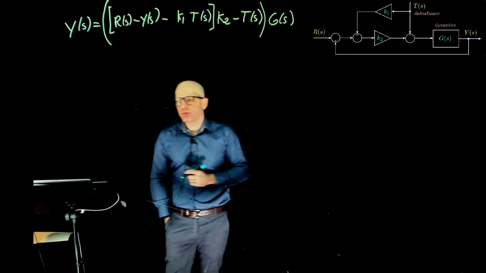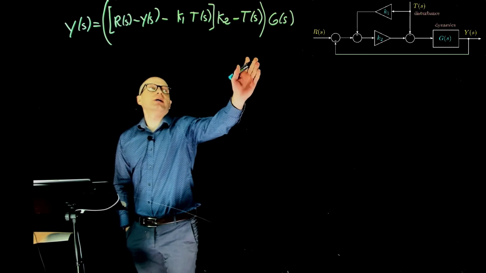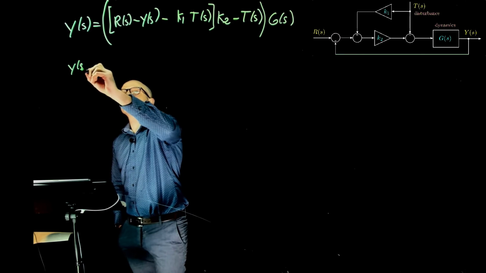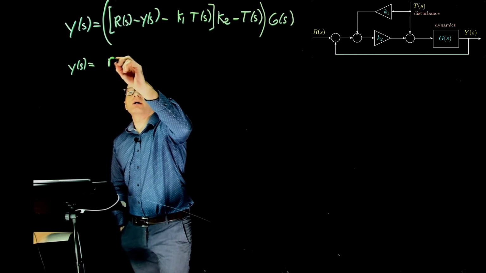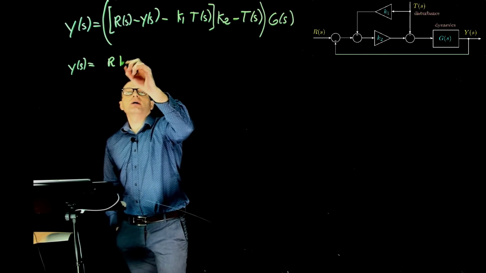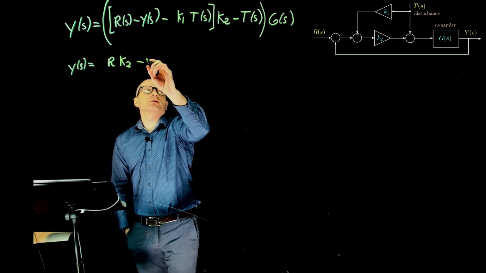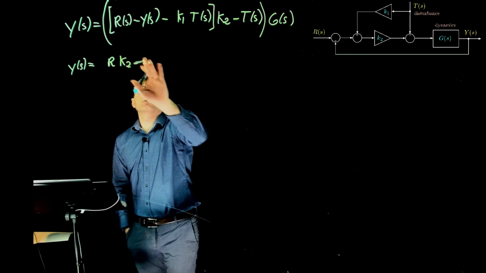Okay. If there are no questions about this equation, now let's try to find the transfer function. Let's just multiply this out first. We have y of s equals to r. I'm going to omit the s's now just for simplicity. R times k2 minus y times g of s, and multiply the whole thing.